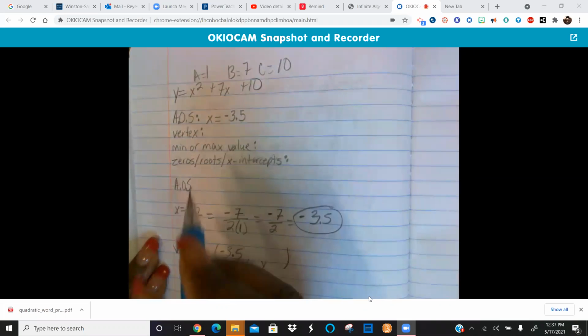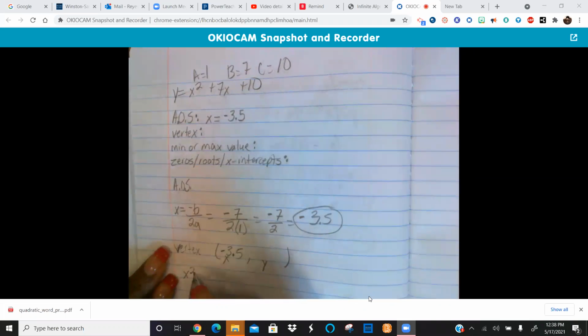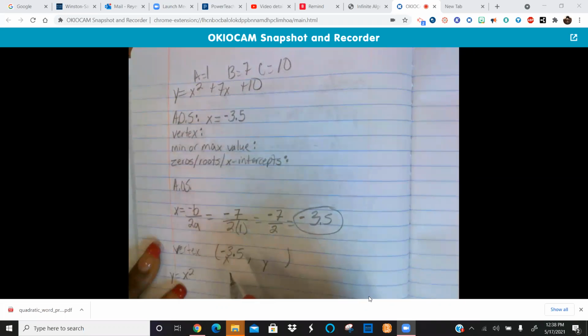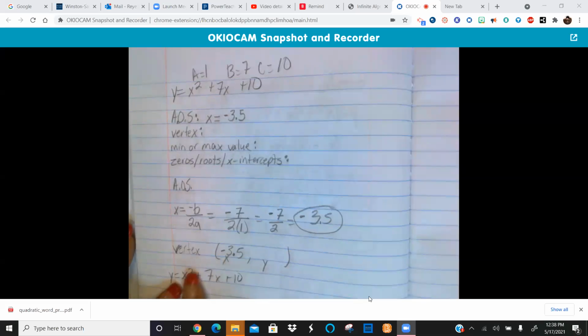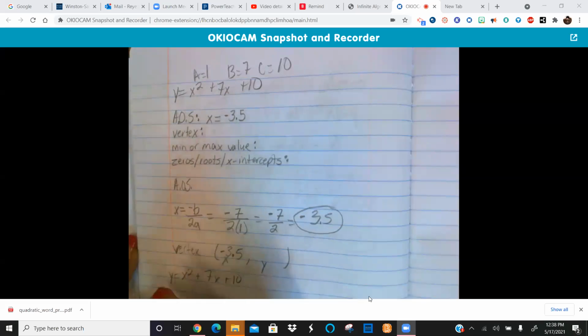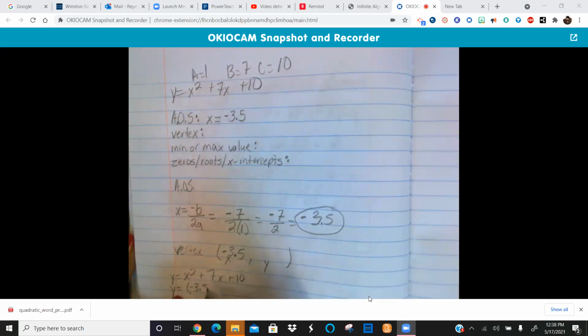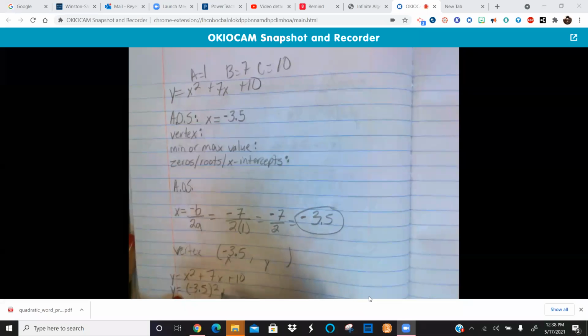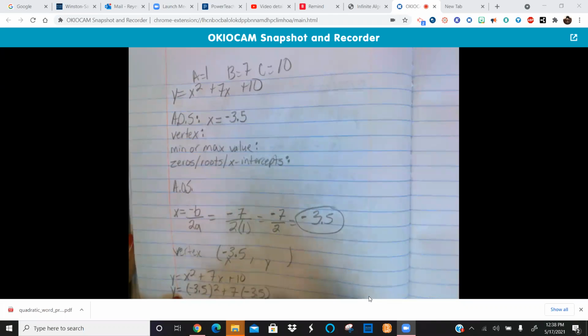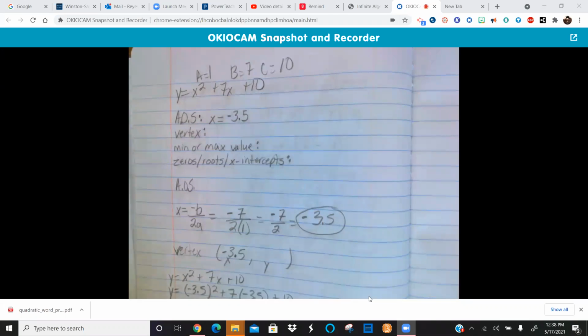So we're going to take the original equation, y is equal to x squared plus 7x plus 10, and we're going to substitute this value for x into the formula. So we got y is equal to negative 3.5 squared plus 7 times negative 3.5 plus 10, okay?